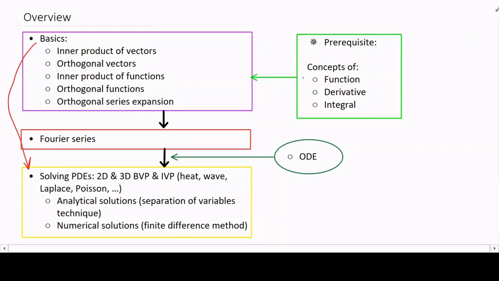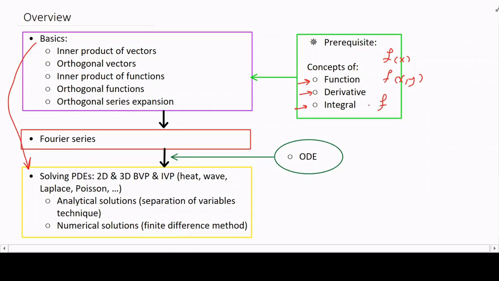In order to get to partial differential equations from basics, we still need to have some minimal mathematical background. For example, we need to be familiar with the concepts of function, derivative, and integral. In particular, you need to know what a single variable function is, what a multivariable function is, and how you can take derivative and integral of these functions.